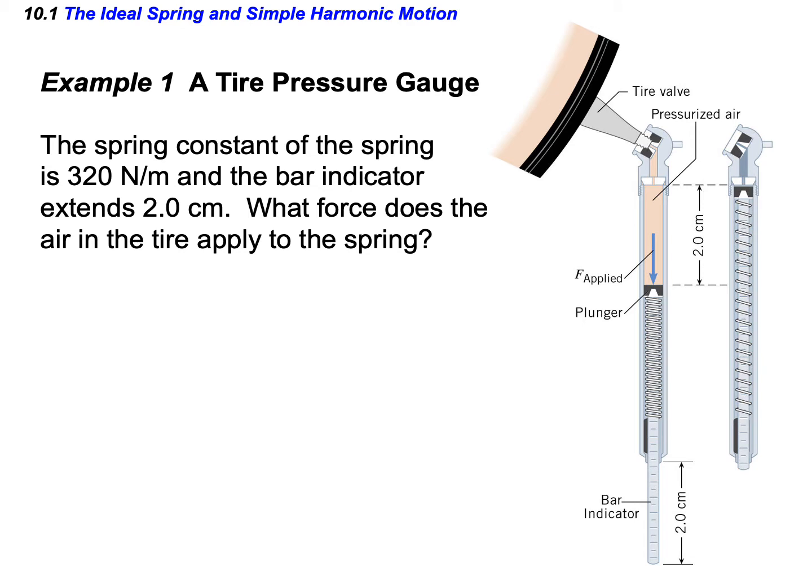If you know the spring constant of a given spring, we can apply a force and then check the relaxed length or strained length. So using this equation, F equals kx, we can calculate the force, for example, applied by the air in a tire.